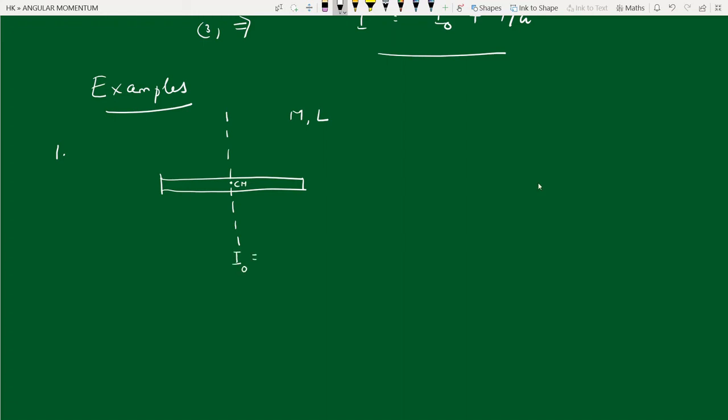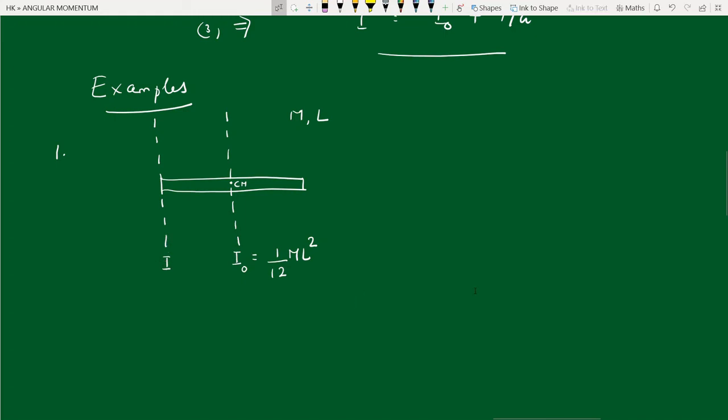We have calculated this quantity, which is 1 by 12 ml square. Now the moment of inertia about an axis passing through one end of the rod, let us call it I. If these two axes are parallel, then according to the parallel axis theorem, if you know the moment of inertia about a parallel axis passing through the center of mass, then the moment of inertia about this new parallel axis can be calculated.